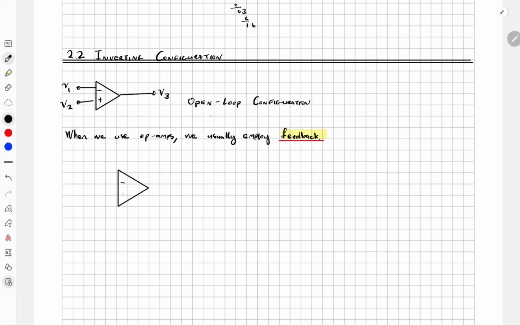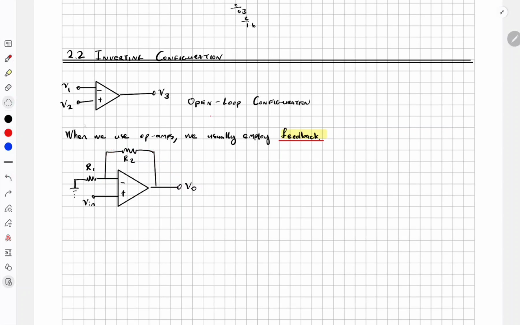We have our op amp, the triangle, we have the output, and we have the input. There's a resistor here called R1, and we connect that to ground. We send our input to this positive terminal, and then we have a feedback resistor, which is called R2. This is an example of feedback because a portion of the output is being fed back to the input.